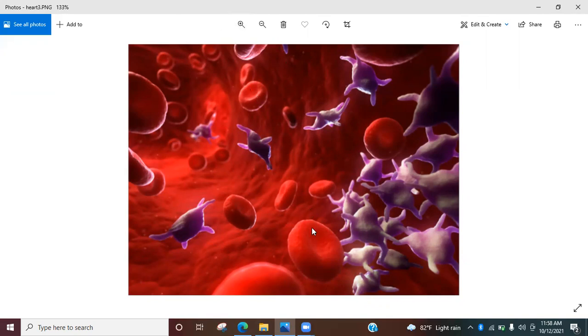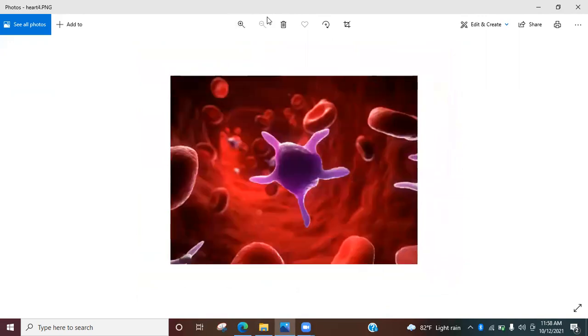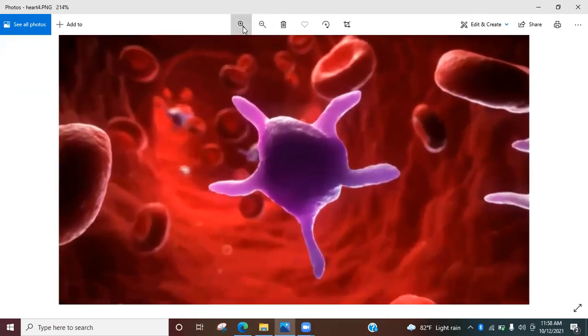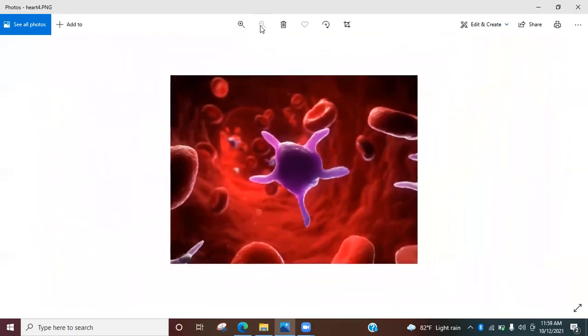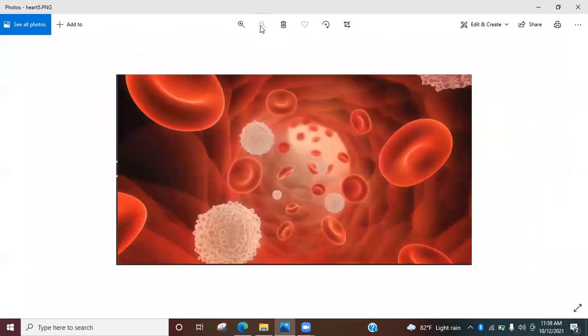These are red blood cells, and these purple things are platelets. This is a clear platelet. Here you can see red blood cells and also white blood cells.